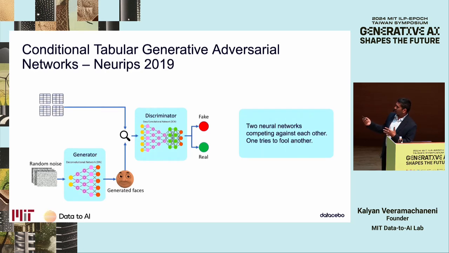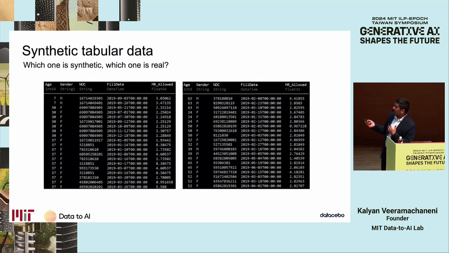We supply real tabular data, and we use a generator with random noise to create not faces, but actually generated tables, and try to check if we can generate realistic looking data. And we succeeded. This was published at NeurIPS 2019. Since then, there have been several thousand use cases for this particular model that has been available to people to use. I'll go into that a little bit.